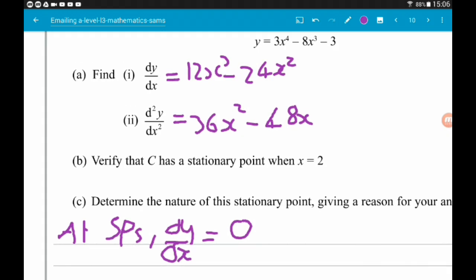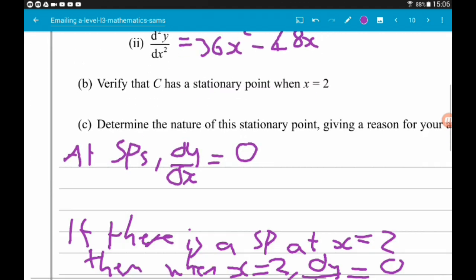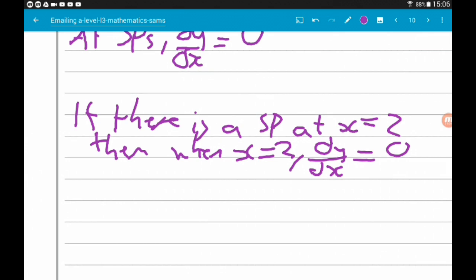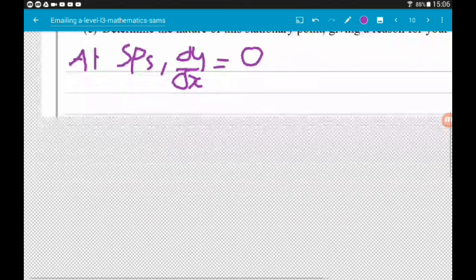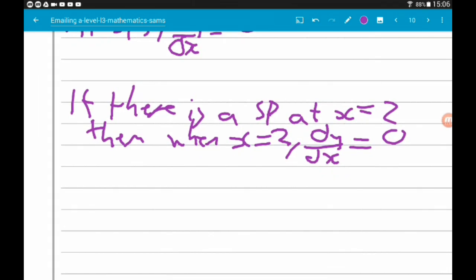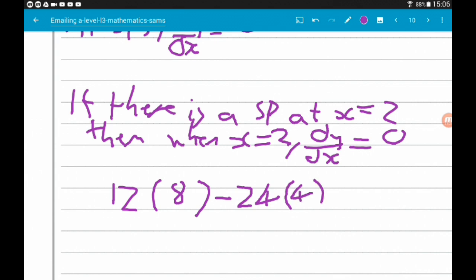So let's substitute x equals 2 into our derivative and see that we get 0. dy by dx is 12x cubed minus 24x squared. Substituting 2 into that, we've got 12 lots of 8 minus 24 lots of 4.